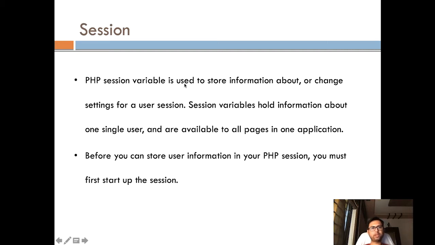PHP session variable is used to store information about or change settings for a user session. Session variable holds information about one single user and is available to all pages in one application or one website. Before you can store user information in your PHP session, you must first start the session. So what do you have to do for that?